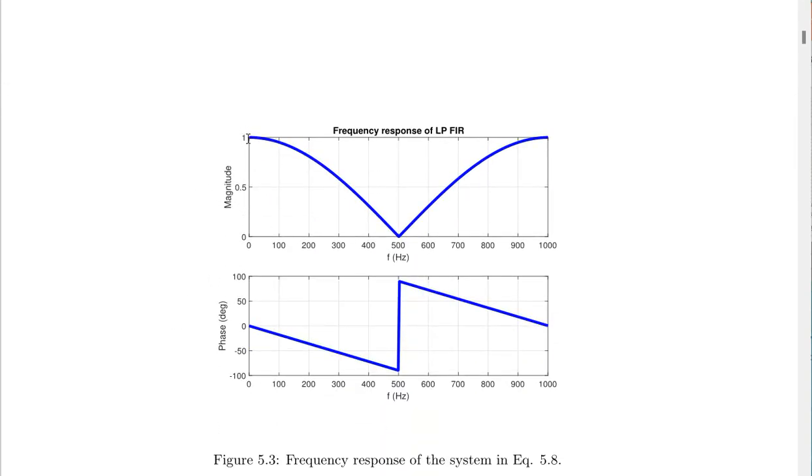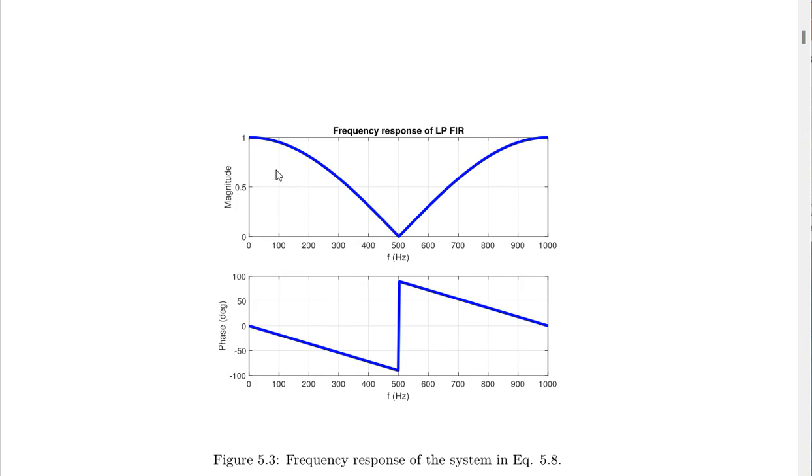Magnitude or amplitude, you see here, 1 having permission, but little by little it approaches 0 when the frequency is half fs. Sampling frequency is 1000 hertz or 1k hertz. So at the maximum frequency there is no permission to pass. So it's a low pass filter.